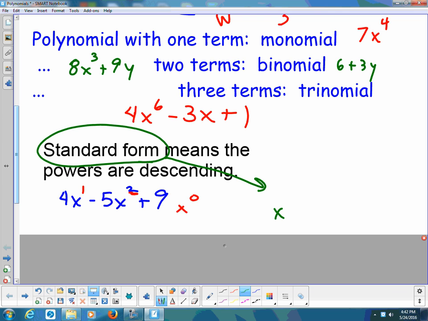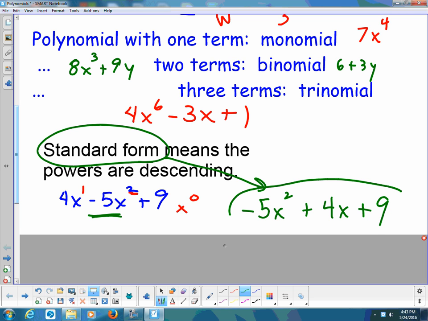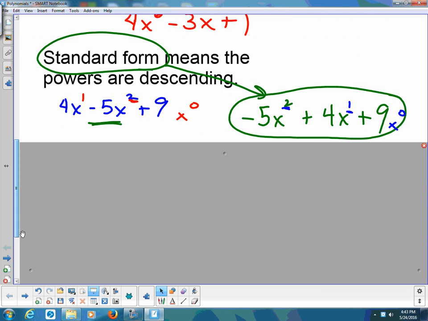That would be the x squared term. And the coefficient on that was a negative 5. So I'd have to write negative 5x squared plus 4x plus 9. That's my polynomial written in standard form because now the powers are descending. So it goes 2, 1, and 0 because that would really be 9x to the 0.